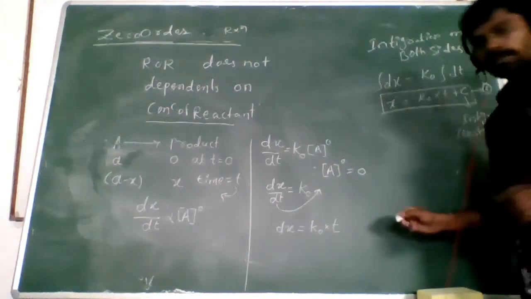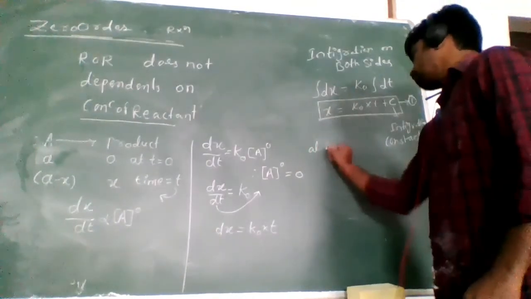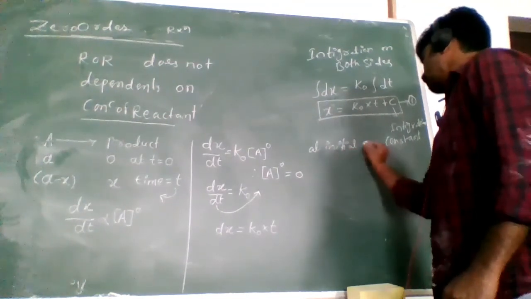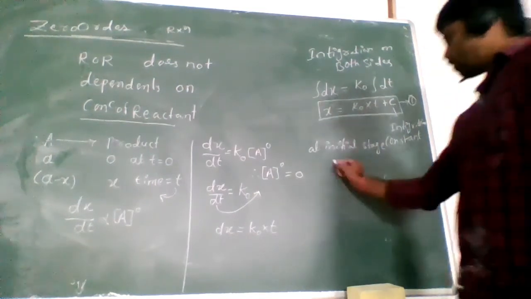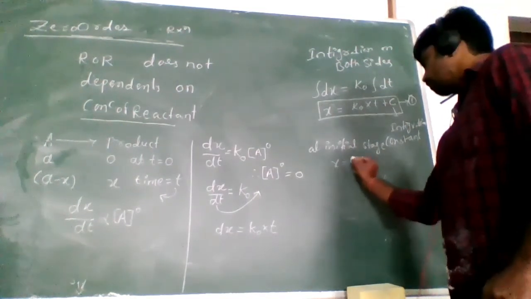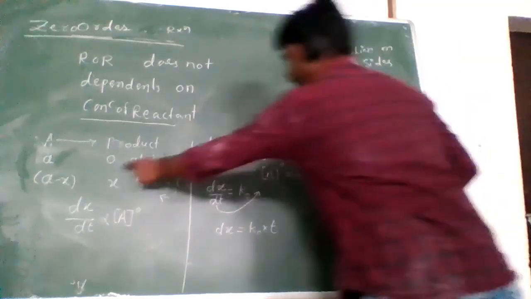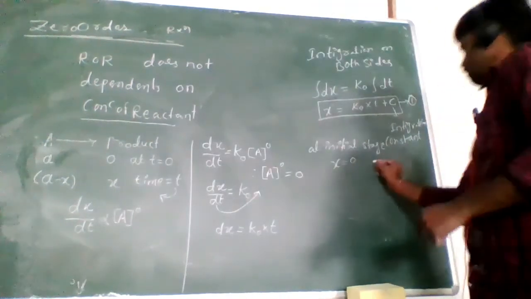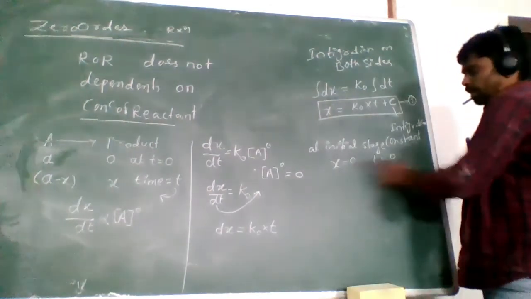Let's see here. At initial time, or at the initial stage, x equal to 0. At initial time, the product is not forming, so x equal to 0. At time t equal to 0, x equal to 0.